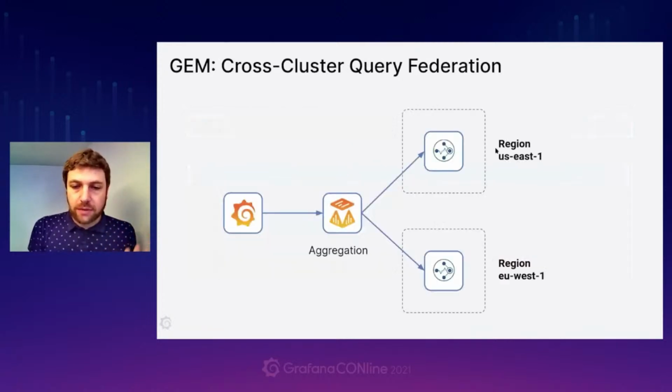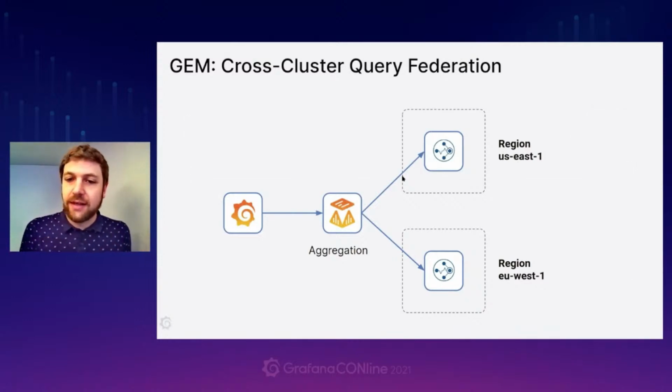So now I want to take a look at how the GEM cross-cluster query federation feature does the same thing, but on multiple cluster level. Especially in enterprises, there are a lot of valid reasons why you need to run multiple Cortex clusters. It could be for regulatory compliance requirements.